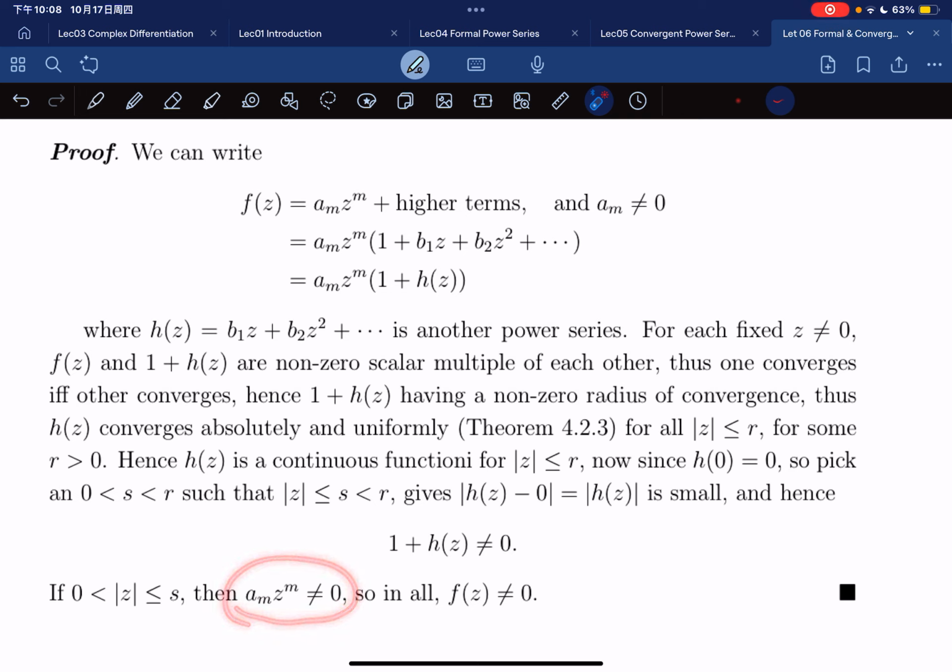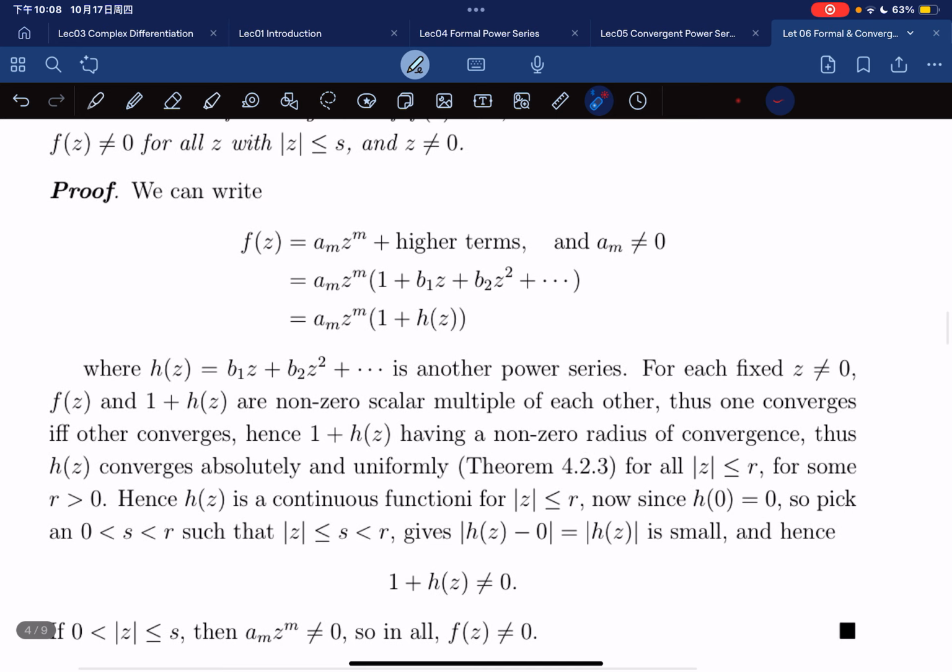Also a_m z^m is non-zero, which means that f(z) is non-zero, because f(z) is just a product of these two. And we're done.